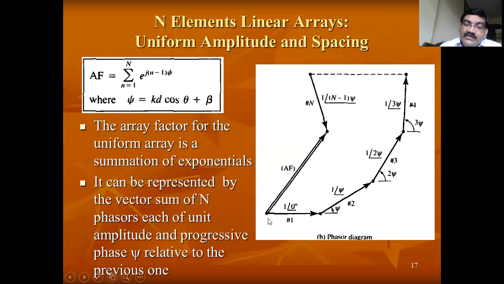For the nth element you just put a vector here, and the resultant is called the array factor. This is the graphical representation of the vector diagram, so that we can understand what is happening inside the radiation pattern. This way there is a multiplication of the radiation pattern. The vector sum is taken, and this is the array factor.